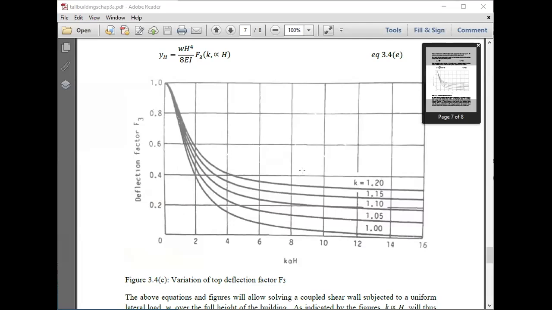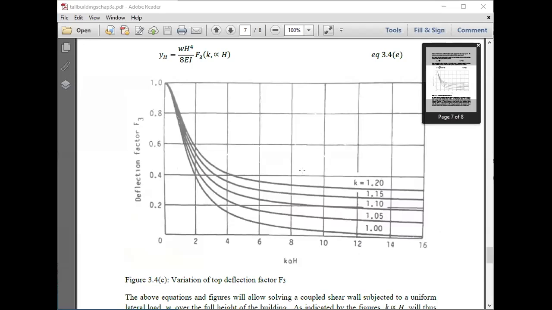And if you want to find the deflection without coupling action, that is given by W h to the power 4 divided by 8 EI. And what is the elastic modulus of concrete? Which is about 25,000 megapascal or kilonewtons per meter squared, or 25 kilonewtons per millimeter squared.